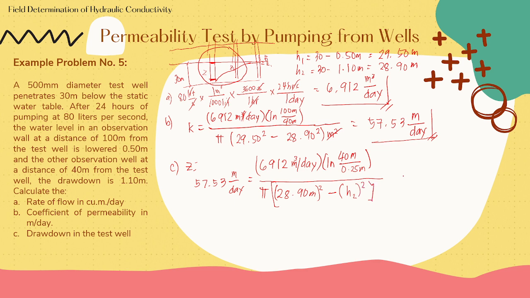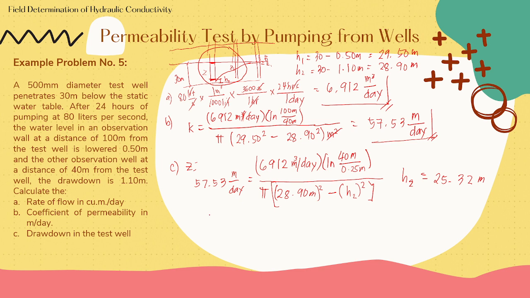So solving for h sub 2, we can get h sub 2 is equal to 25.32 meters. So this is our h sub 2 for problem number for the third unknown.